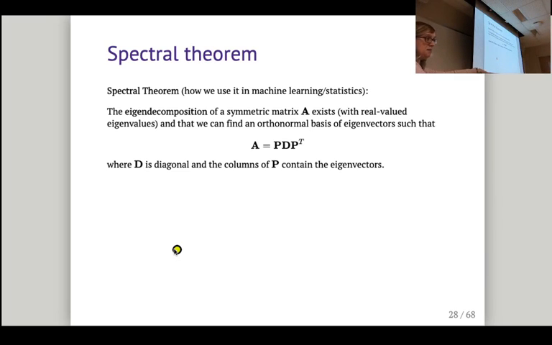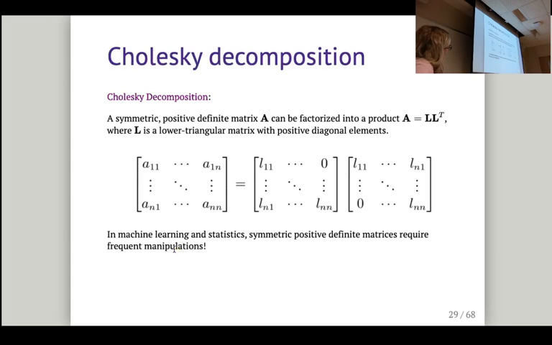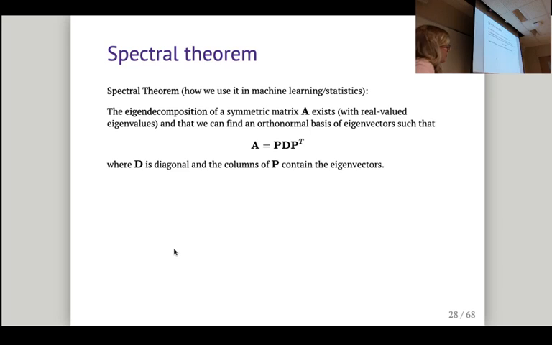That produces A. So if we've got those eigenvalues and those eigenvectors, we can produce this decomposition just based on those values, which is pretty cool.